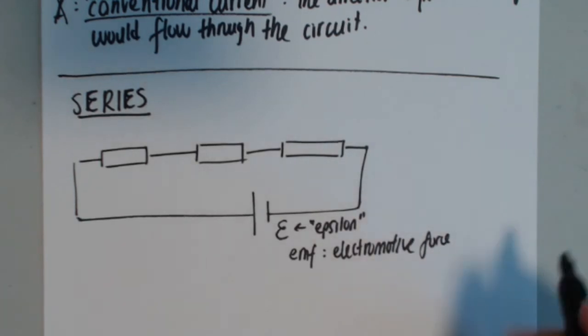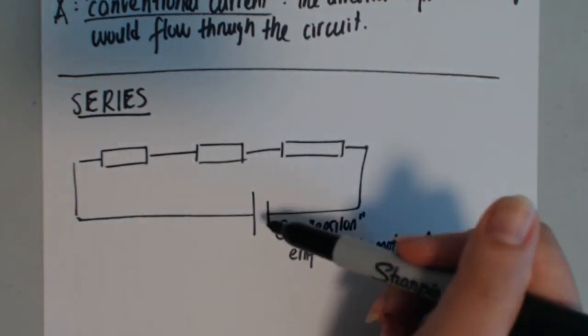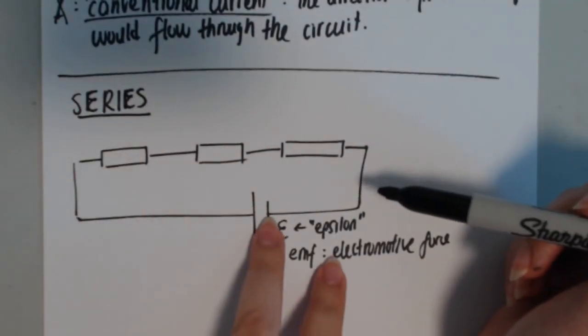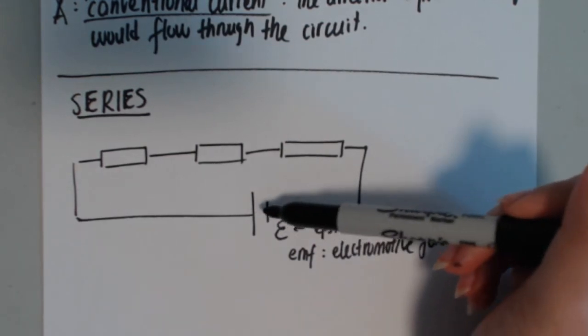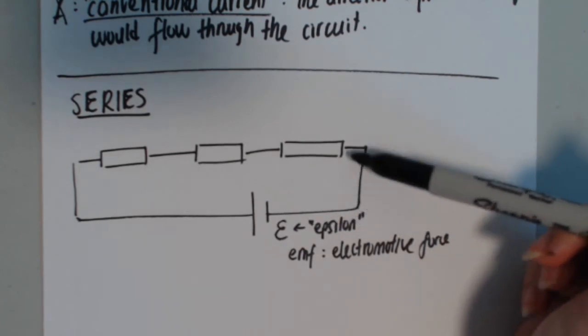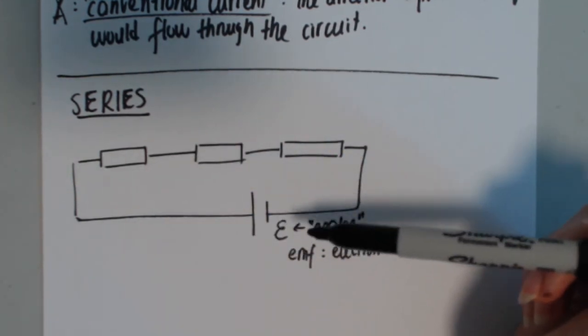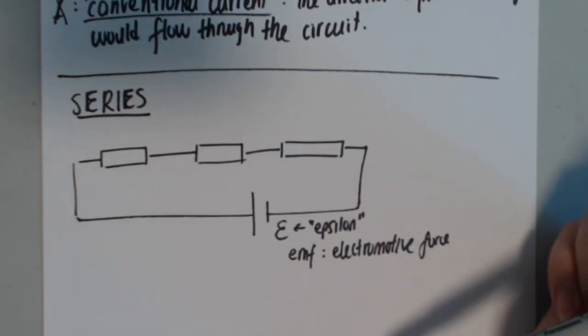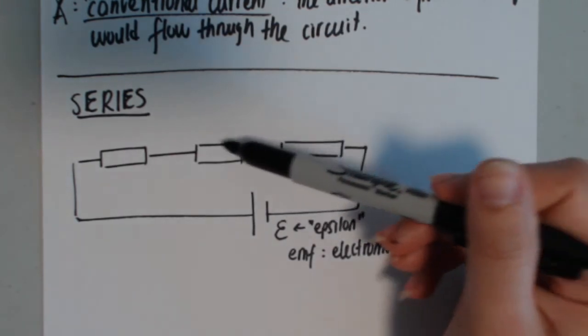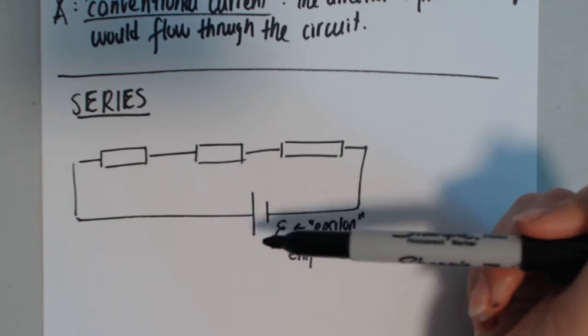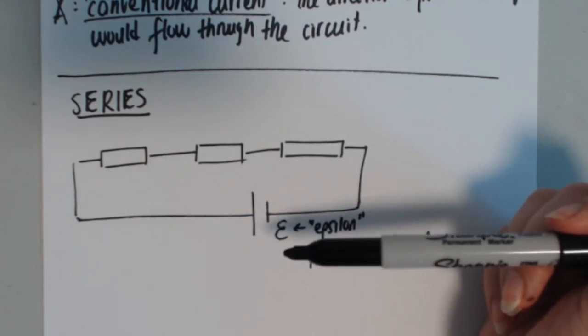And the reason it's given such a name is originally when batteries were hooked up to these circuits, it was believed that the battery instills an actual force onto the electrons, which then pushes them through the circuit. We now know that there isn't an actual physical force acting on the electrons. The electrons simply move through the circuit as a result of there being a potential difference.